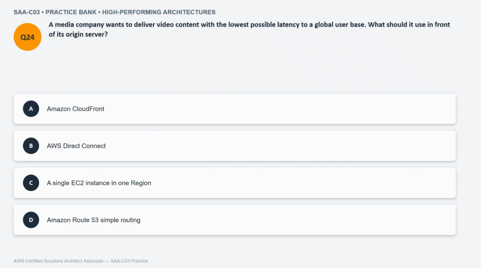Question number 24. A media company wants to deliver video content with the lowest possible latency to a global user base. Which should be used in front of its origin server? Amazon CloudFront, AWS Direct Connect, a single EC2 instance in one region, or Amazon Route 53 simple routing.